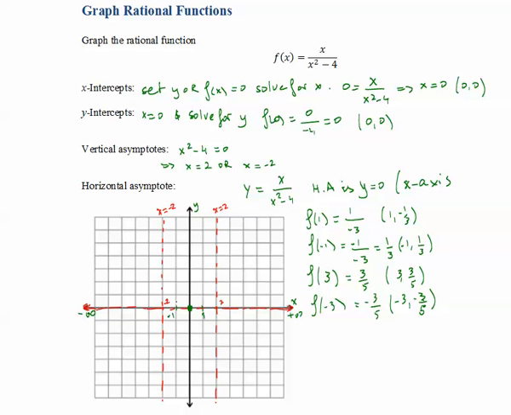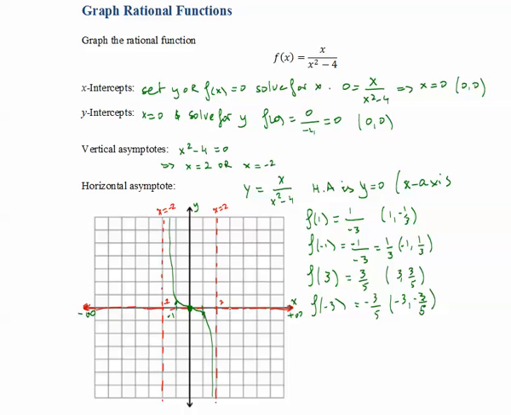Negative 1 gives us 1/3, which is right here on the positive side. I could plot another point, negative 1.5, and see what it's going to be, and so on. So the graph will cross this point, and since this is a vertical asymptote, it will look like this.